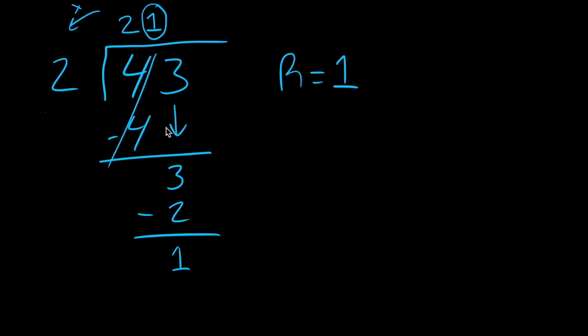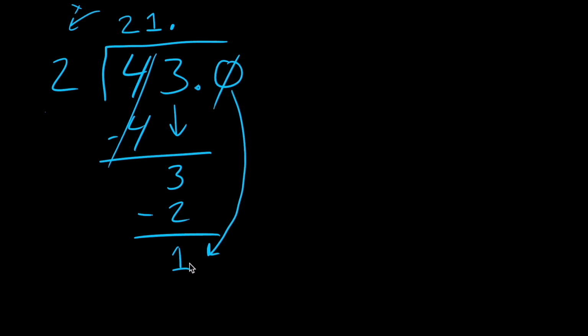But if we want to write it as a decimal, we need to place a decimal after the whole number, and then write a decimal here as well. And then we add a 0 and give it to our 1. And that becomes 10.